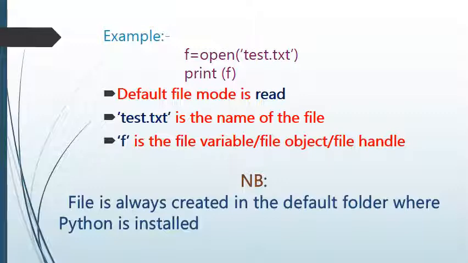That means it is going to have the default access mode, that means read mode. And you can give any name other than f also. Naturally, a file is created in the default folder where Python is installed. Even it can be created in the folder where we are storing our programs.